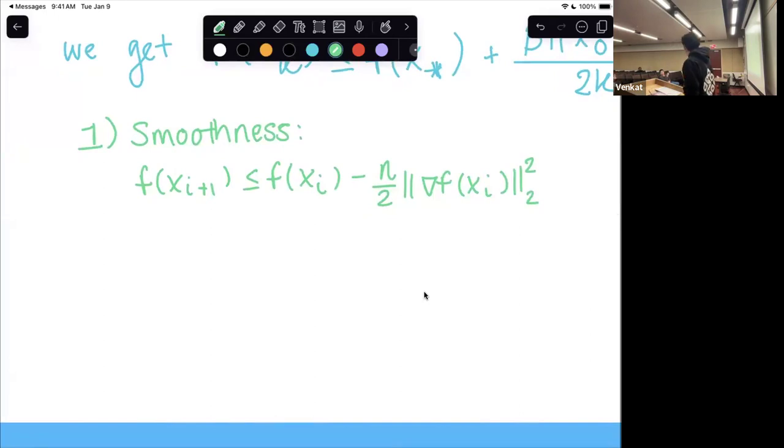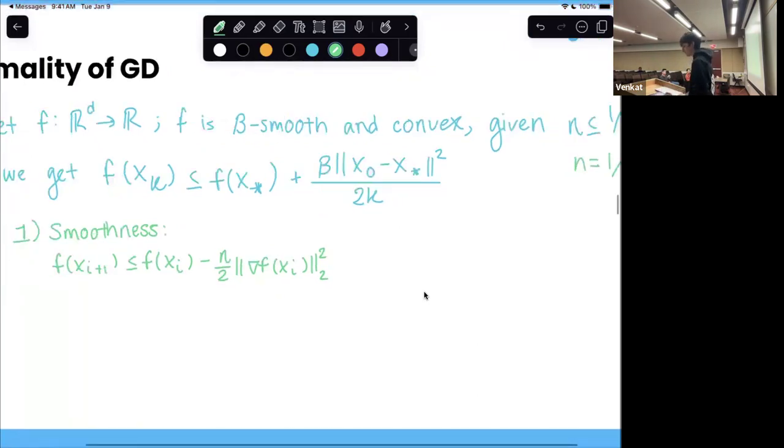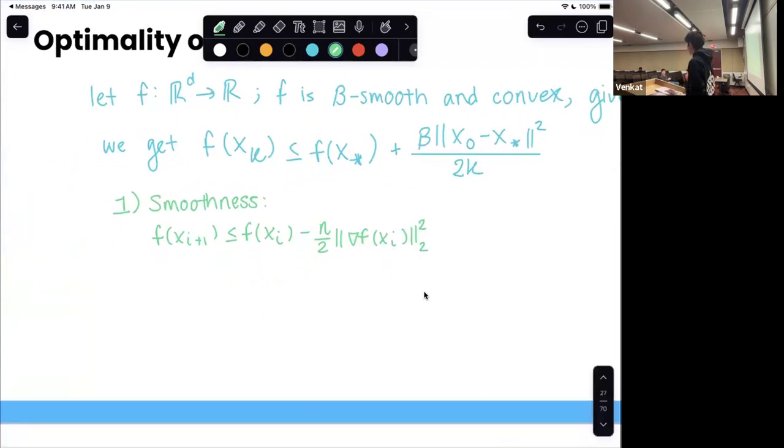Where is beta? Beta does not appear here quite yet. If you recall in the theorem definition, we say the step size n is less than or equal to 1 over beta. So basically you can take this to be 1 by 2 beta, and we can say n equals 1 over beta, if that makes things clear. That's why there's no beta quite yet. We'll substitute that in later in the proof.